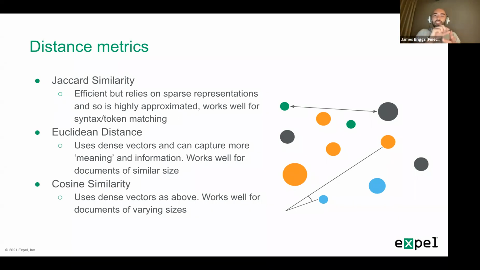It's simply the distance between those 2 vectors. Cosine similarity is slightly different. You go from the origin point and look at the angle between 2 vectors, and you don't care about how far away those vectors are from each other. You're just looking at the actual angle between them.